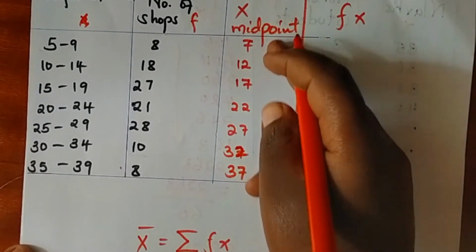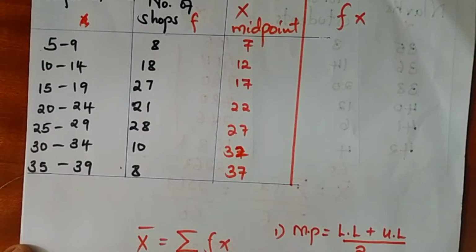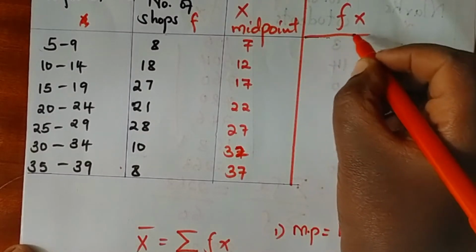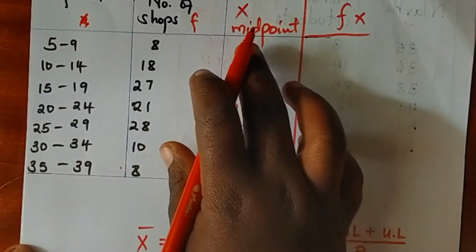Once we have the midpoints of each of the class intervals, we can find the product of f and x.